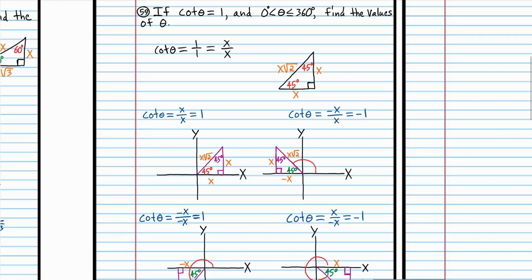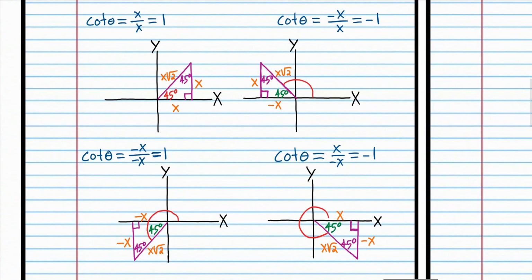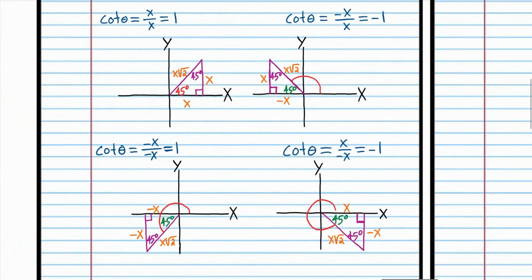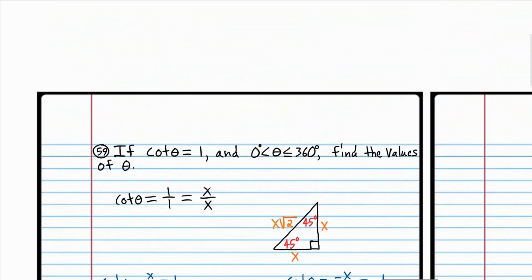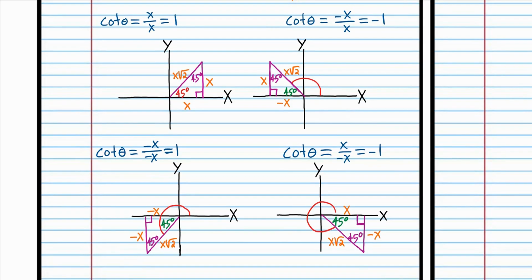So we place 45, 45, 90 degree triangles in every quadrant, and we ask, in which quadrants do we get +1 for cotangent? Because the problem tells us we want cotangent theta to be +1. And the answer is the first quadrant and the third quadrant.